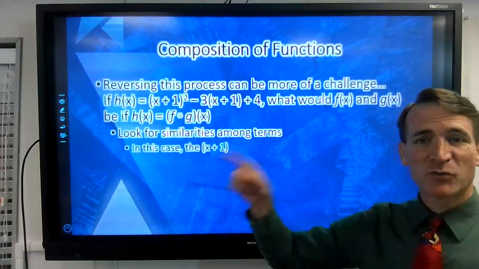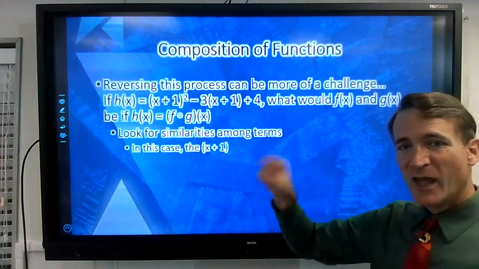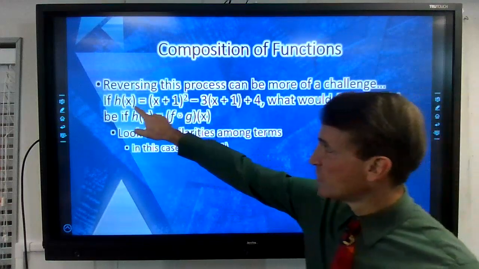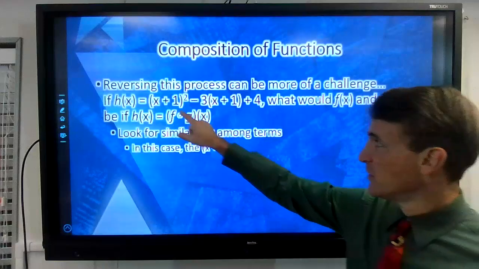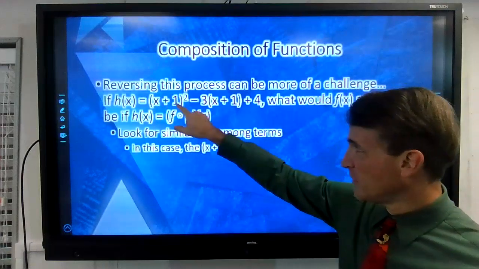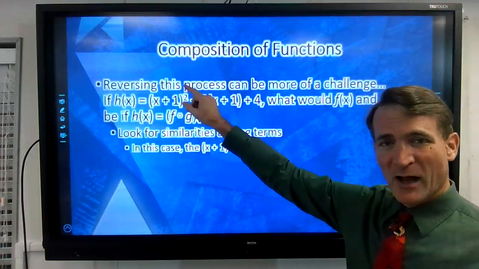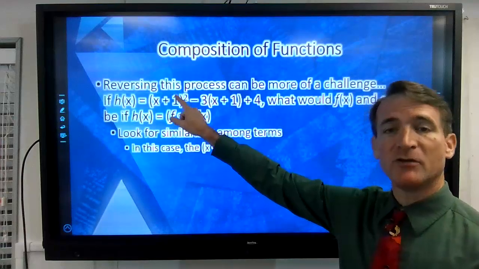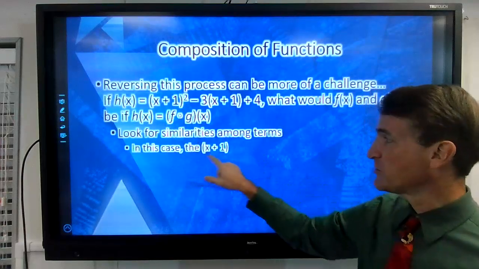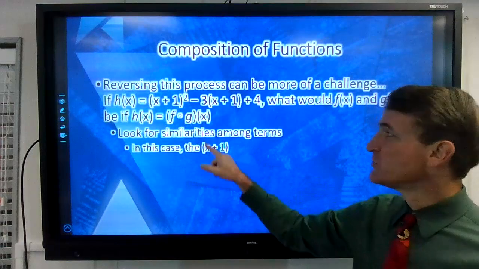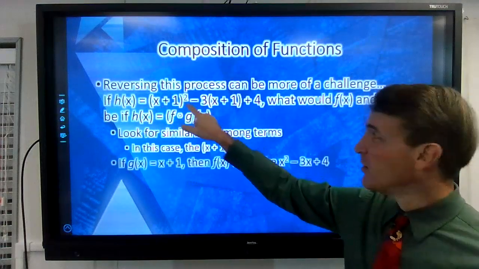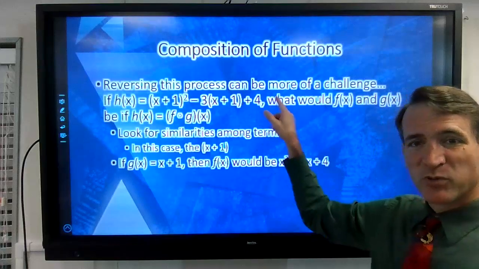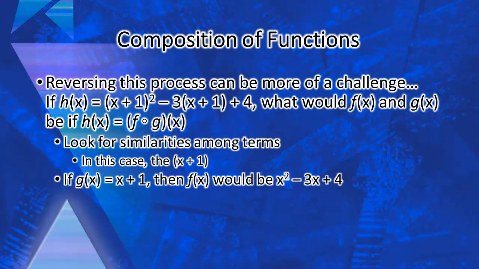If the g of x were the x plus 1, then that means that this original function here, my h of x, instead of x plus 1 quantity squared, I could replace that with just an x, because what is the x being replaced by? It's being replaced by whatever the g of x is. So this is going to be x squared minus 3x plus 4. And I've now decomposed my function.